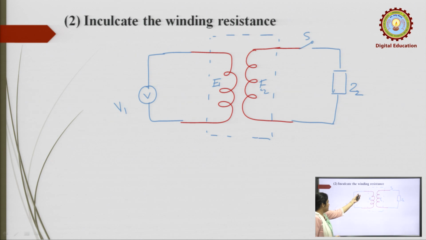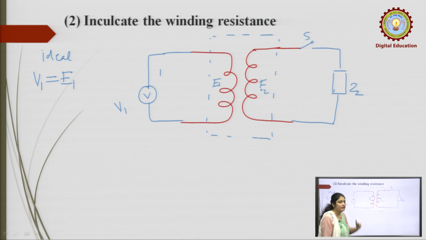Now, if you consider the winding resistance: in the ideal case, V1 is equal to E1, so all the flux produced by V1 is confined within the core.